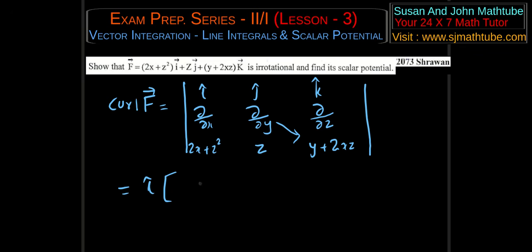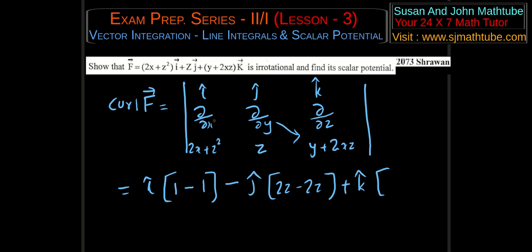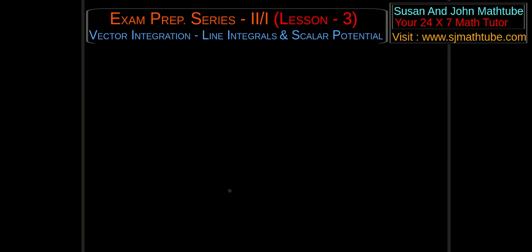So I will get 1 plus 0 minus, I have to differentiate with respect to z, minus j times, I'll leave this with respect to x. So I'm going to get 2z minus 2z plus k into, that will be 0 minus 0. Anyway, the answer is 0. Okay, so that means the given vector field is conservative or irrotational, or work done in that field will be path independent.